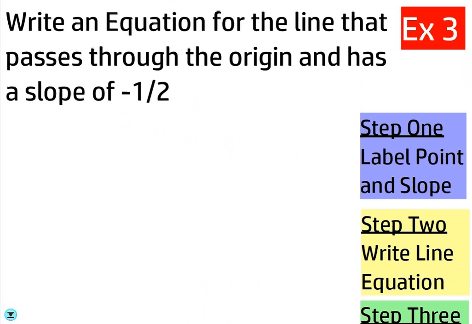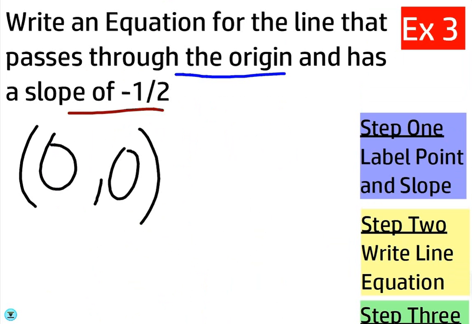Let's do example 3. Write an equation for the line that passes through the origin and has a slope of negative 1/2. Somebody tell me, what's the origin? Thank you. So that means my x is 0 and my y is 0. Good. That's the origin. And I'm just going to write m equals negative 1/2.